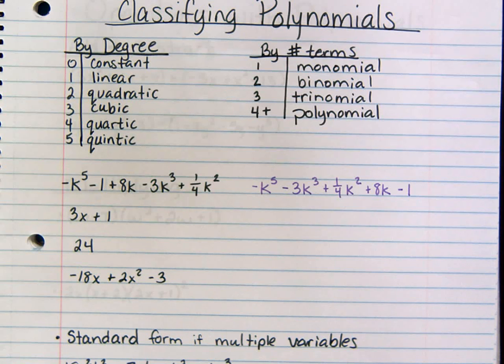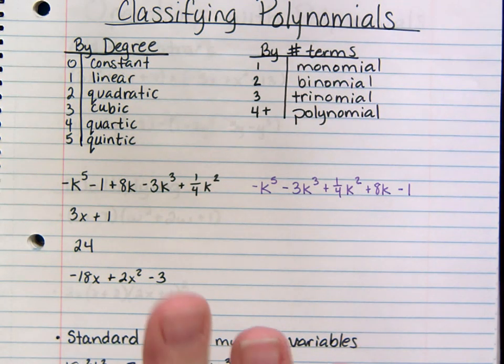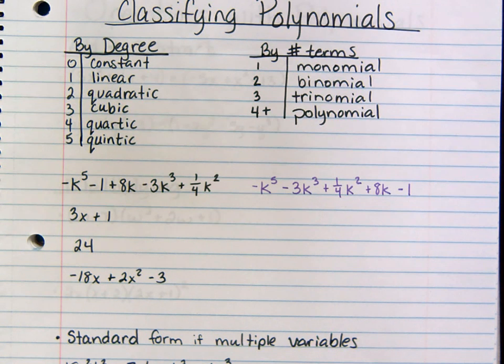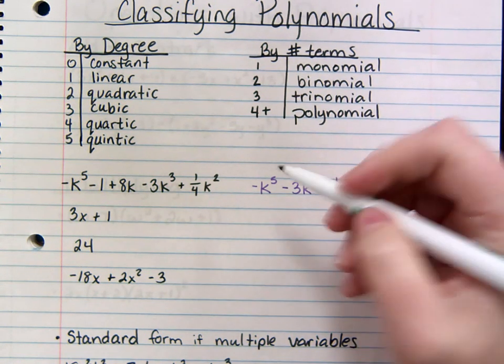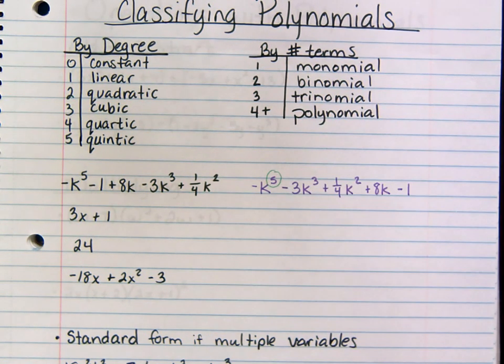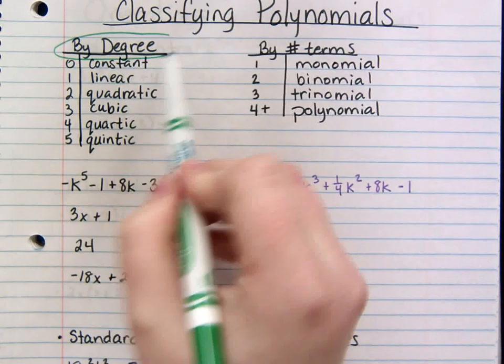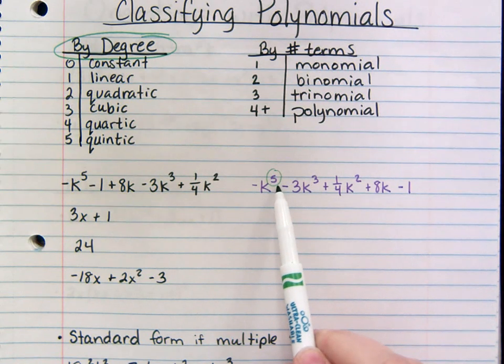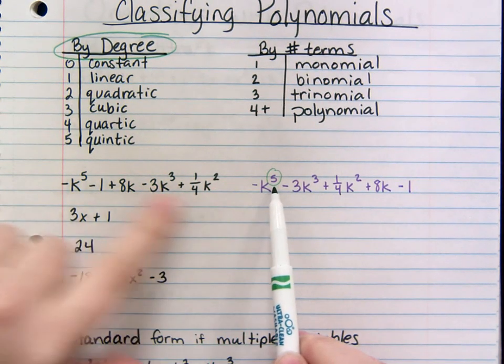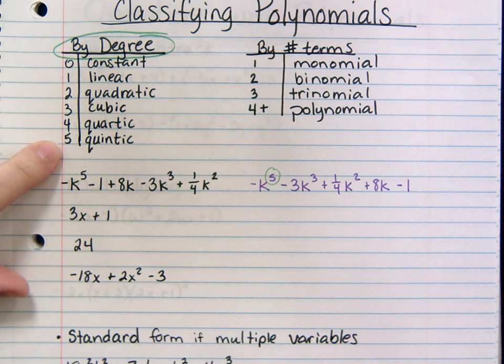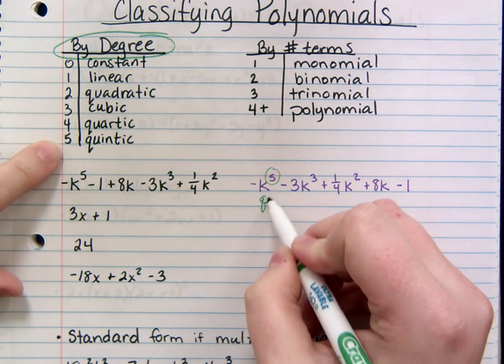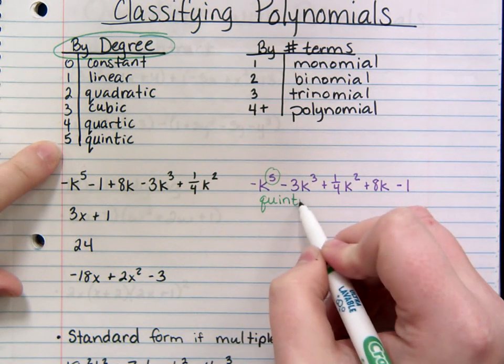Now, when we go to name the polynomial, what we look at is the degree, which is your biggest exponent, and how many terms. So with this one, our degree is 5. So to classify by degree, we look at this number, this exponent, and because it's 5, it's called a quintic polynomial.